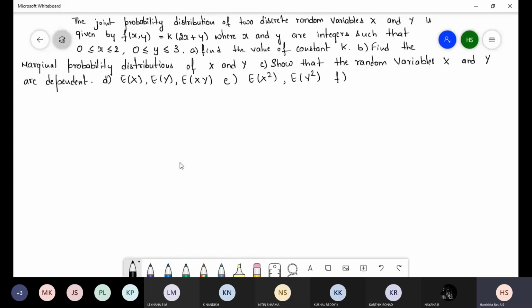Sixth one, sigma x, sigma y. Next, seventh one, P of x is equal to 1, y is equal to 2. Eighth one, P of x is equal to 2, y is equal to 1.